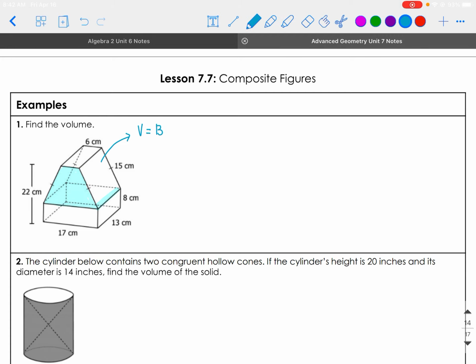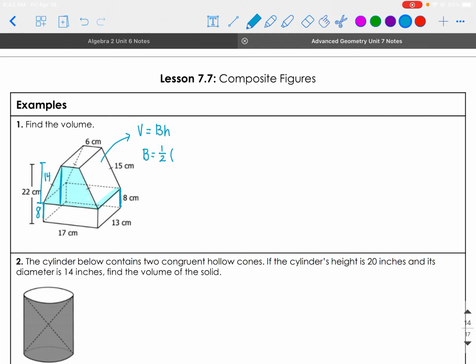So to find the area of a trapezoid, it's half times the height of the trapezoid. So this height, let's see, I know that this part is 8 because it tells me back there. And so that leaves 14 because the whole thing is 22 centimeters from bottom to top.